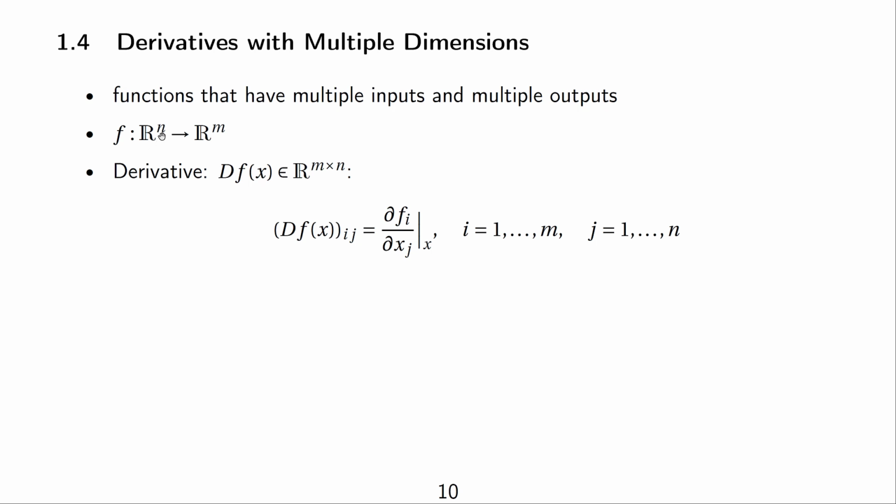So why n and m here? So if we think of a function that computes a matrix vector multiplication, then we will see that a function y equals Ax has a matrix A that is of size m times n. That one defines a function that has n inputs and m outputs.